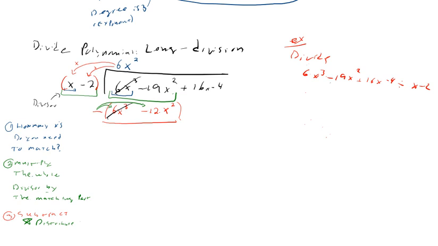Minus negative 12, minus minus becomes plus 12x squared. So negative 19 plus 12 is going to make negative 7x squared.